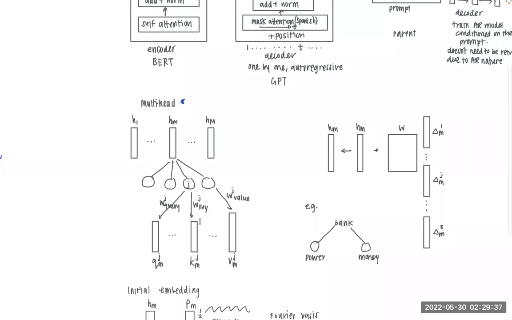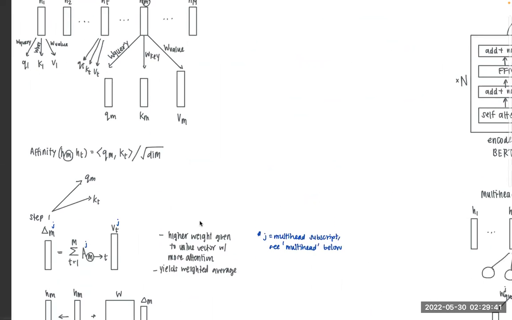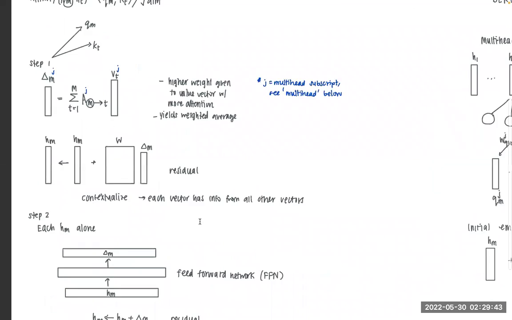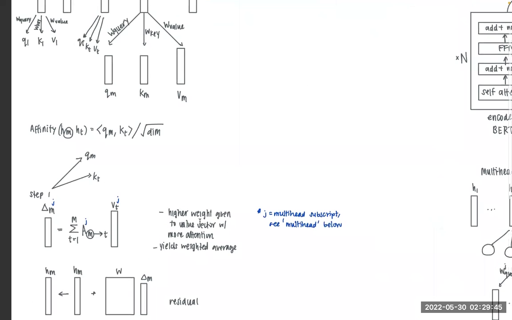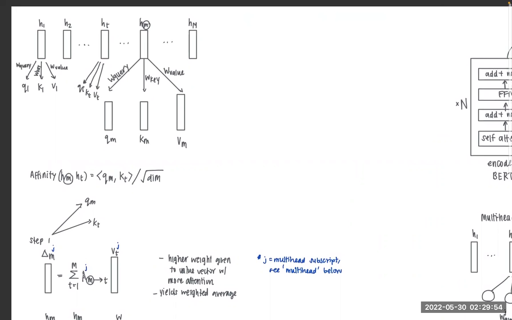And then we can use this attention mechanism. But here we need to compute this attention for each head. Each head has its attention, so I add J here to denote the jth head.